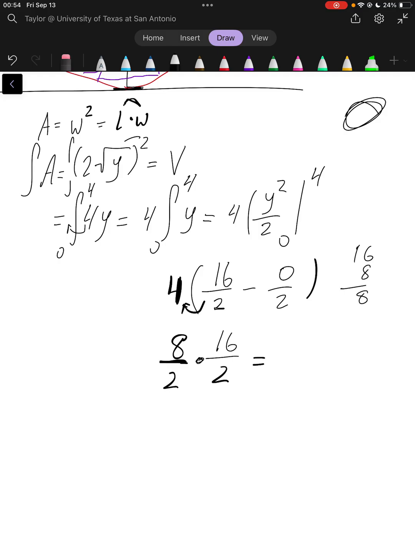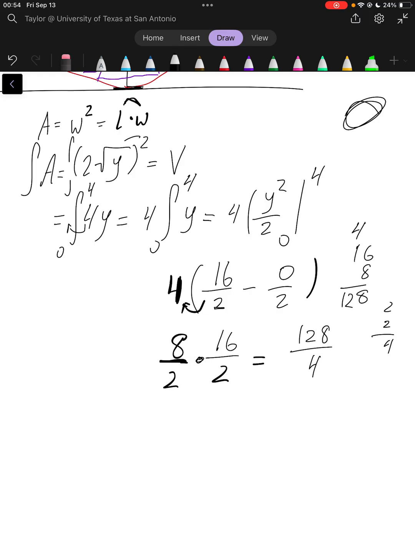We get 128 over 2 times 2. 2 times 2 is 4, 128 over 4, which gives me 32.